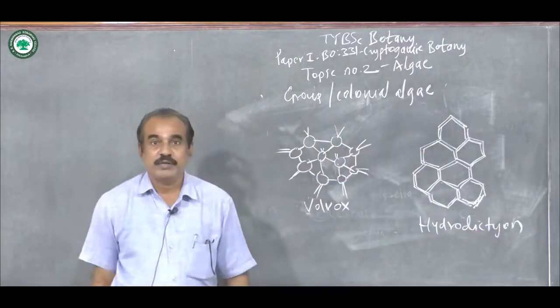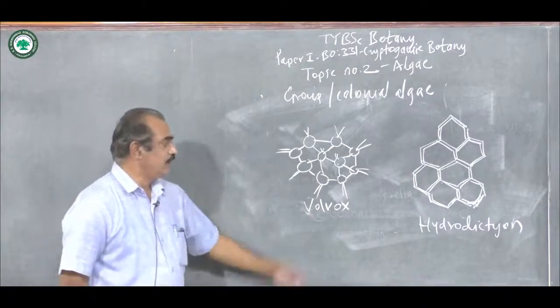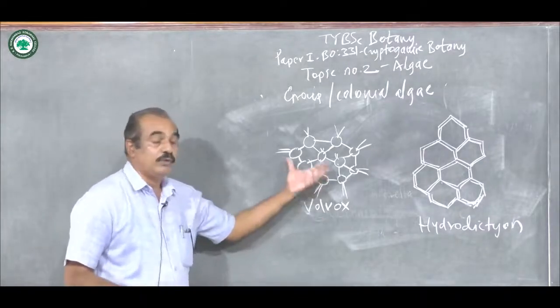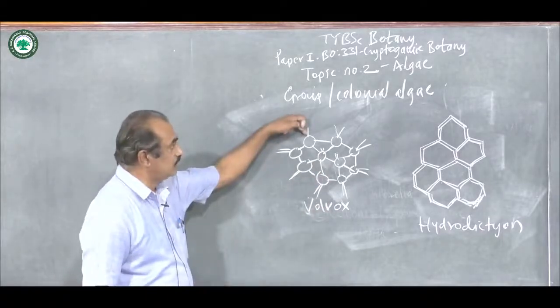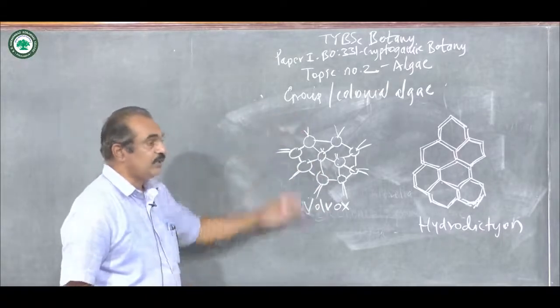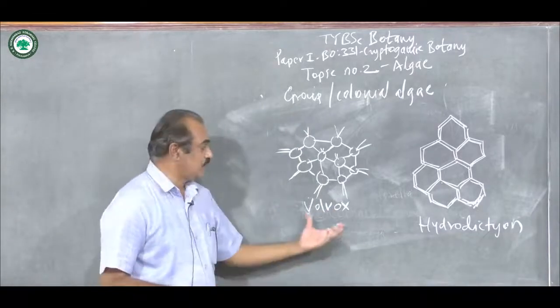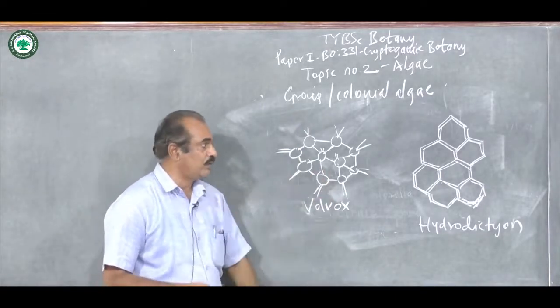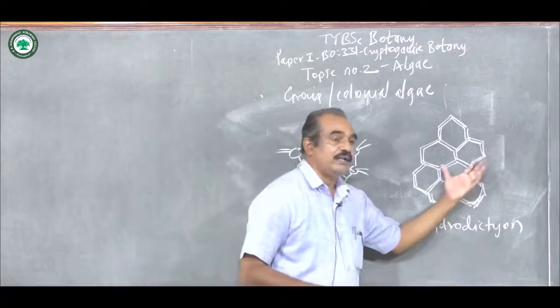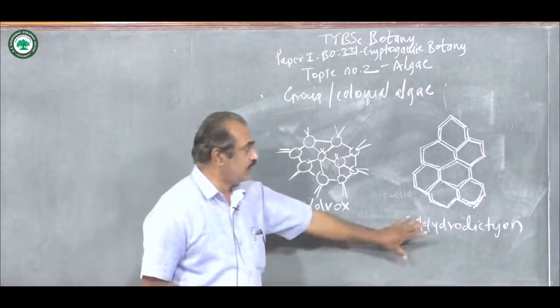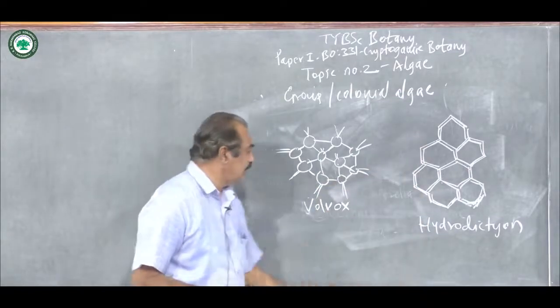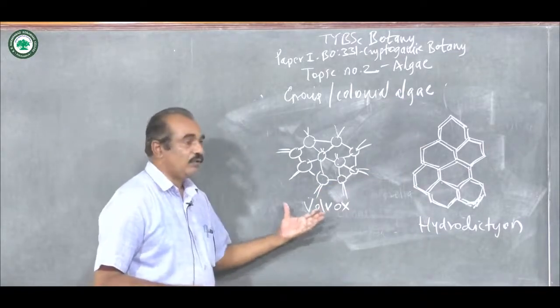Now these are the two different types of structures. One, that is the Volvox, which is a motile colony. That means they have flagella, they have the locomotor structure. With the help of this, they go from one place to another. So this is the Volvox, it is a motile colony. And this is the Hydrodictyon, it has no locomotor structure, it remains at one place only. So this is called the Hydrodictyon, which is non-motile, and this is the Volvox, a motile colony.